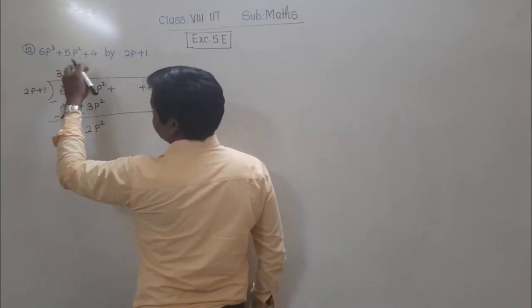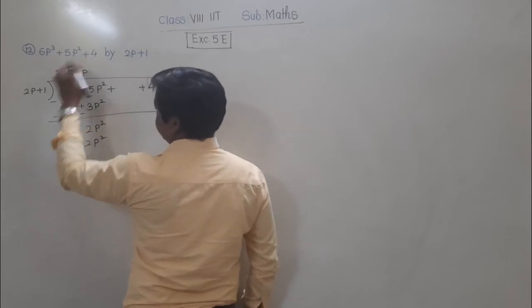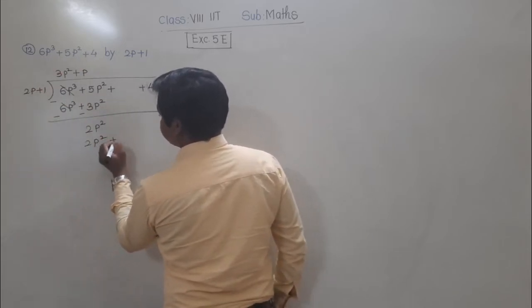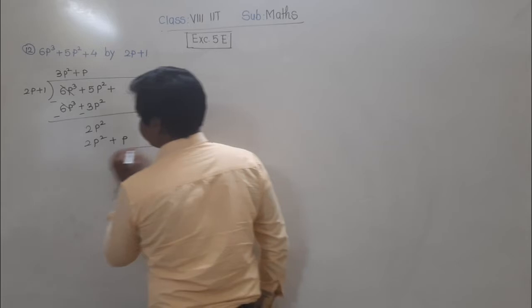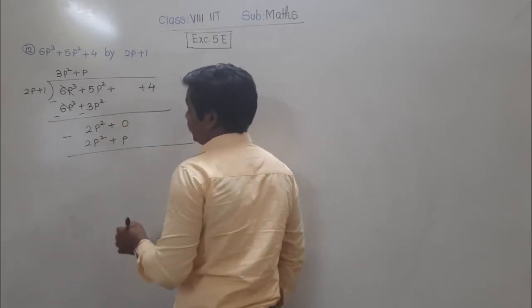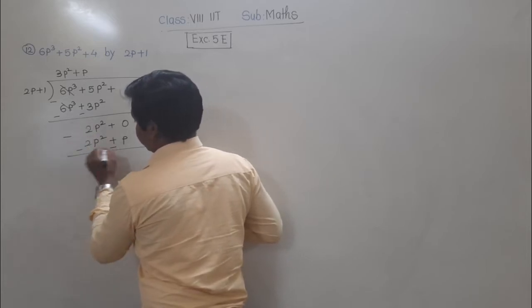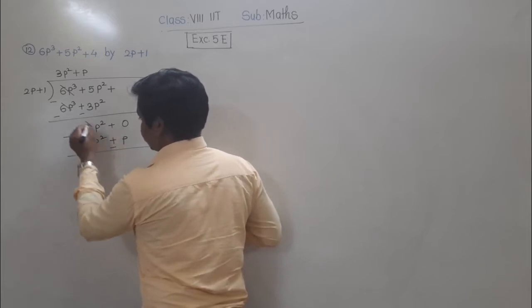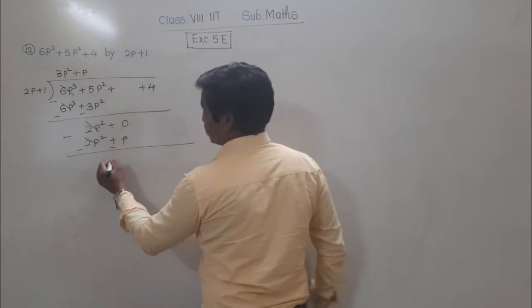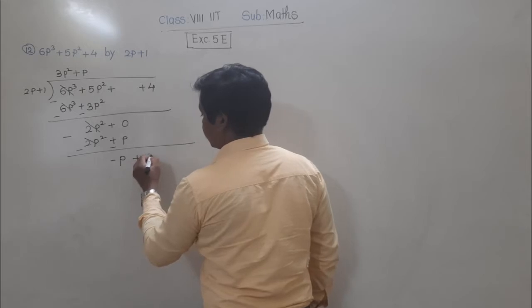That is p into 2p, 2p square, and p into 1, plus p. Understood? Now subtract. Here you can consider 0. So see here, 2p square minus 2p square cancels, here remains minus p. Now plus 4, bring down.